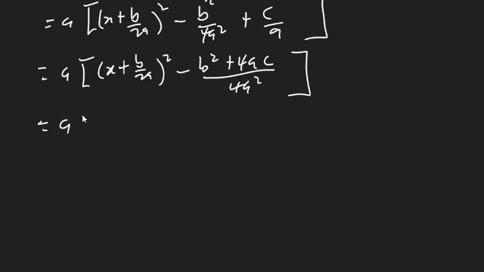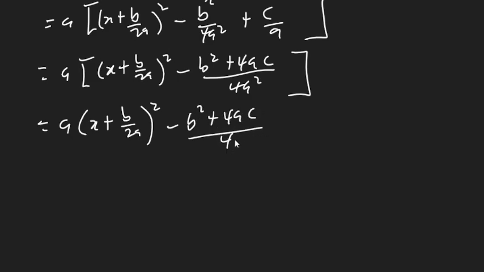So this is giving us a times x plus b on 2a all squared. A will cancel one of the a's, giving us negative b squared plus 4ac all on 4a. So this is the general quadratic function after completing the square.